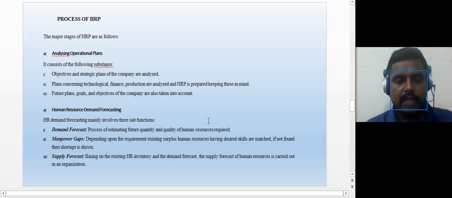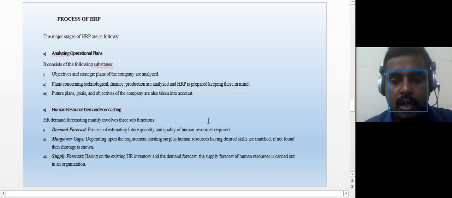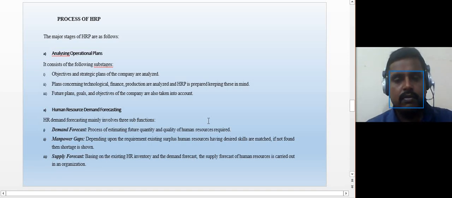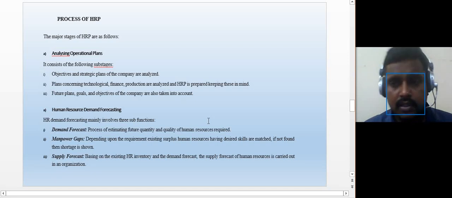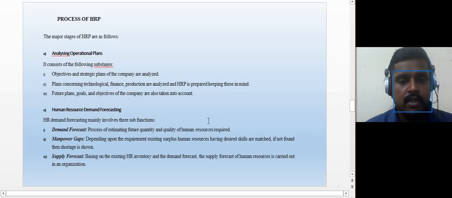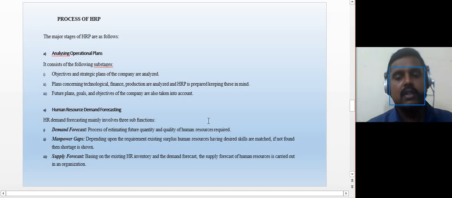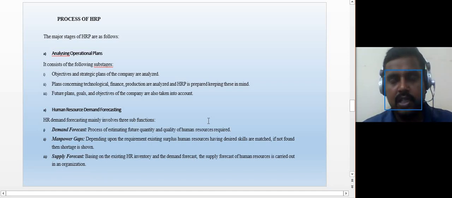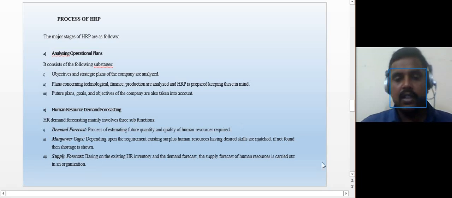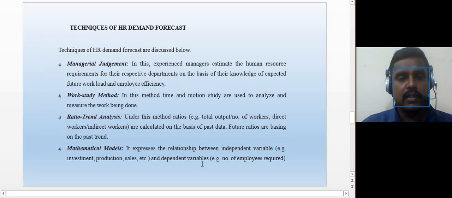And the manpower gaps: depending upon the requirement, existing surplus human resources having the desired skills are matched. If not found, then a shortage is shown. And supply forecast: based on the existing HR inventory and the demand forecast, the supply forecast of HR resources is carried out in an organization. So the supply and demand should be equalized. This is another process of human resource planning.